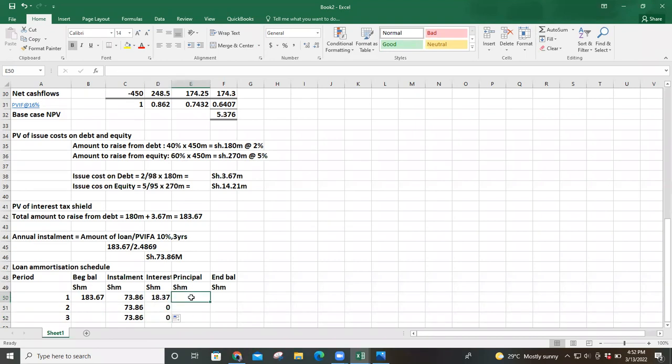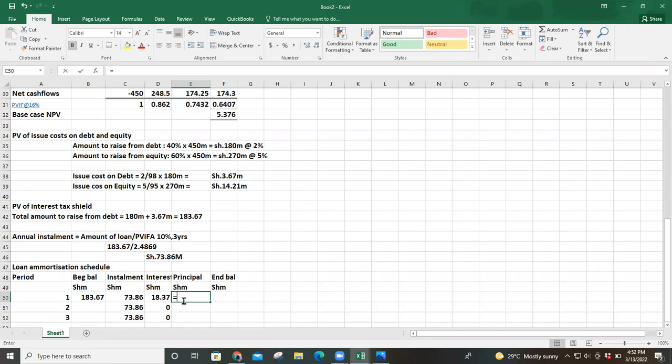The installment that you are paying covers two components: you are partly paying the interest and partly paying the principal. So out of the 73.86, interest is 18.37. How much is the principal?